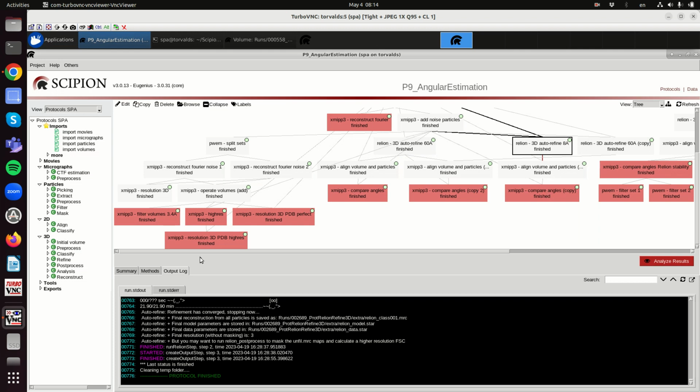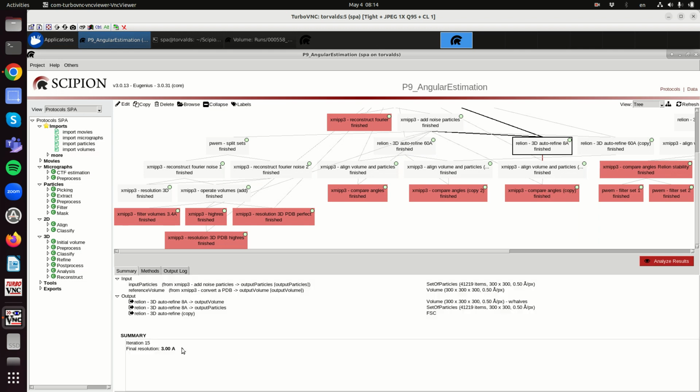The FSC, you see that this didn't change, the one estimated by RELION, and we know that this has to be an overestimate, because with perfect angles we have a resolution of 3.4 angstroms, and if you have mistakes, the resolution cannot be better than 3.4 angstroms. So it is already an overestimate of the true resolution here.